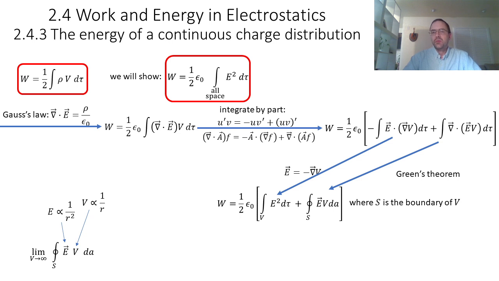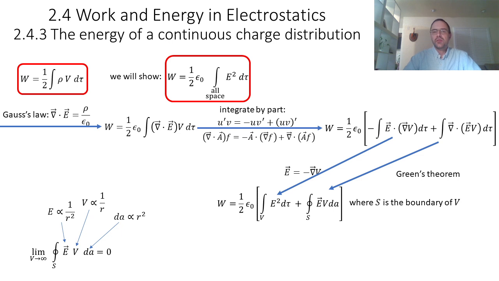And remember, we take the potential to be 0 at infinity, right? And the area goes as r squared. And so in total, I have 1 over r squared times 1 over r times r squared. So 1 over r. So the integral goes to 0 if the volume goes to infinity.